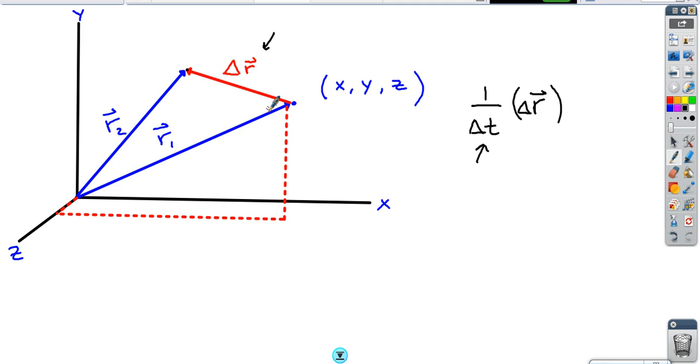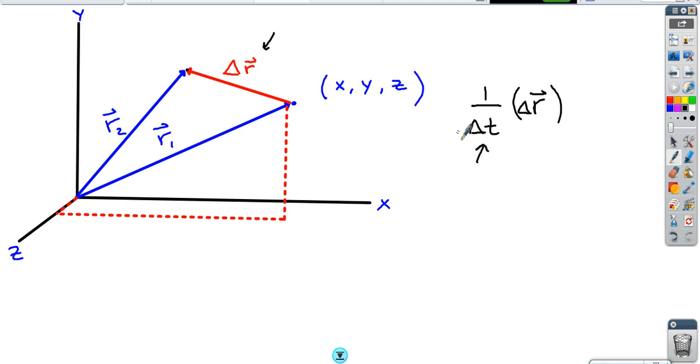But time's never going to be negative for us here in general, so there shouldn't be a reason why this vector would be pointing in the opposite direction. But notice that if time was negative, maybe you're going back in time, then flipping the arrow around would mean that the object would be moving in the opposite direction, which would make sense if you run the situation in reverse.